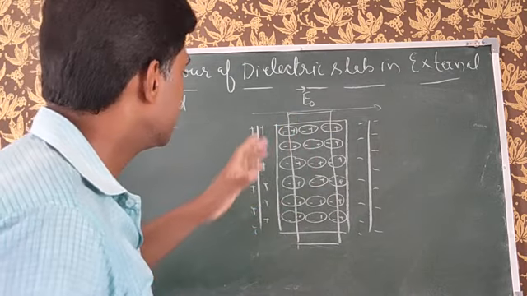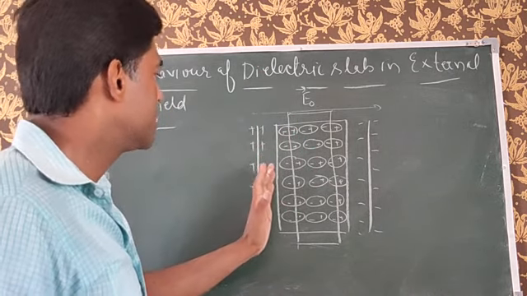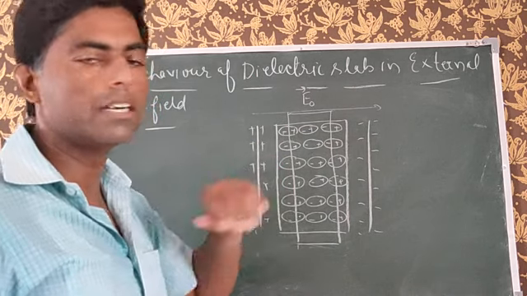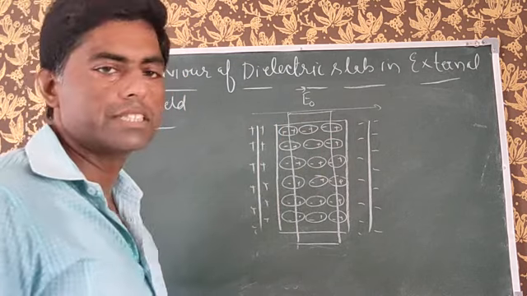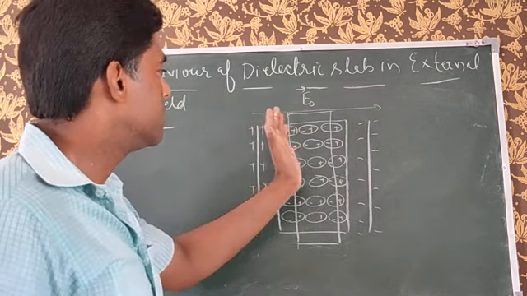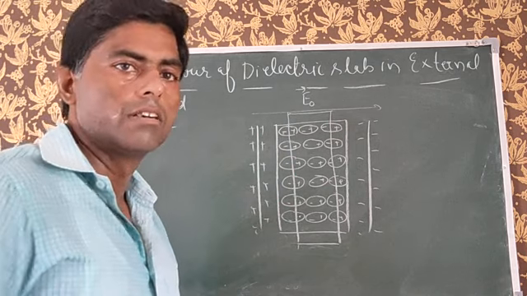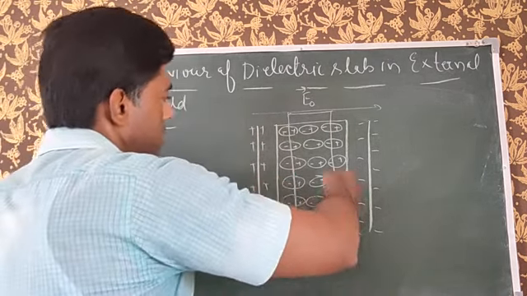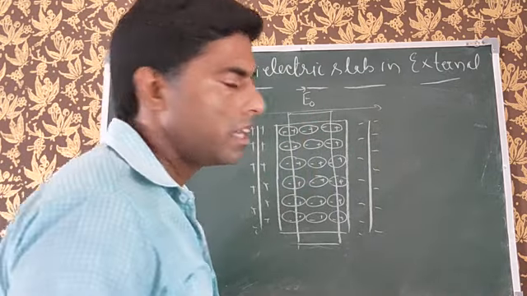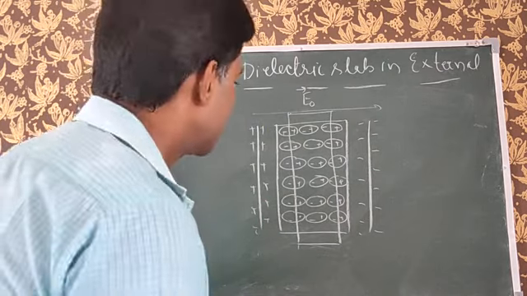So charge appears only at its faces. One face becomes negatively charged and the other face becomes positively charged. But inside, the net charge is 0 because the negative charge cancels the positive charge. So in this way, this dielectric slab also gets charged when placed in an external electric field.